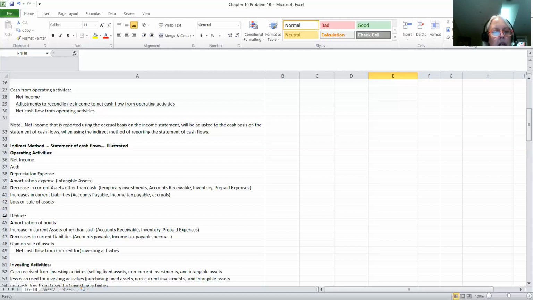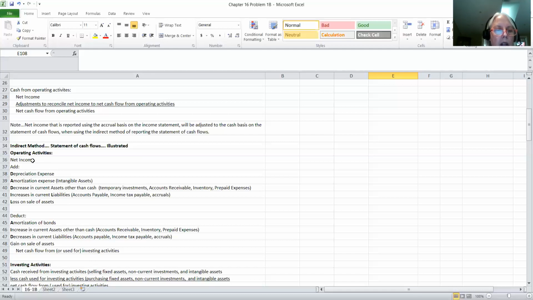We're going to deduct any decreases in current liabilities, which is exactly opposite of this add section here. And then the opposite of a loss, obviously, would be a gain. So again, if you like to think of things this way, the first letters of each one of these spell out the word "AID." And this, I think, will help you in learning how to calculate the operating activities section of the indirect method of the statement of cash flows.